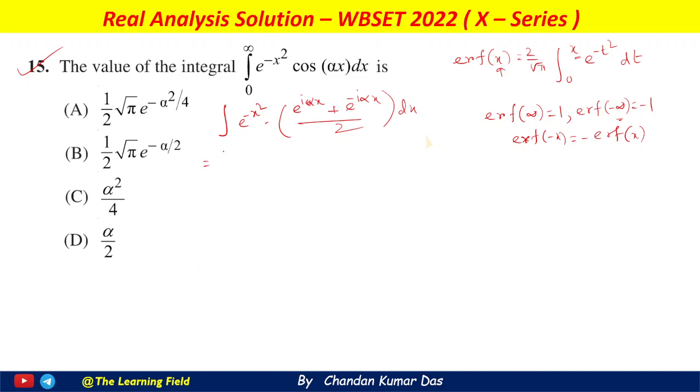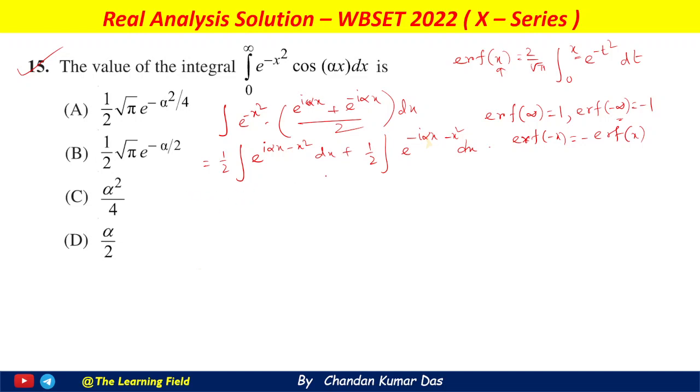So this is simply 1 by 2 integration. If we break this integration, we get exponential iota alpha x minus x square dx plus 1 by 2 integration e to the power minus iota alpha x minus x square dx.